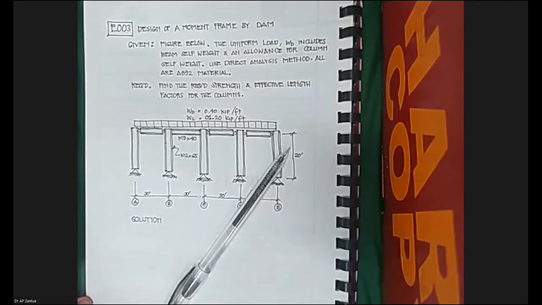So let us go to the table of AISC, Table 1-1. Okay, so where is Table 1-1?